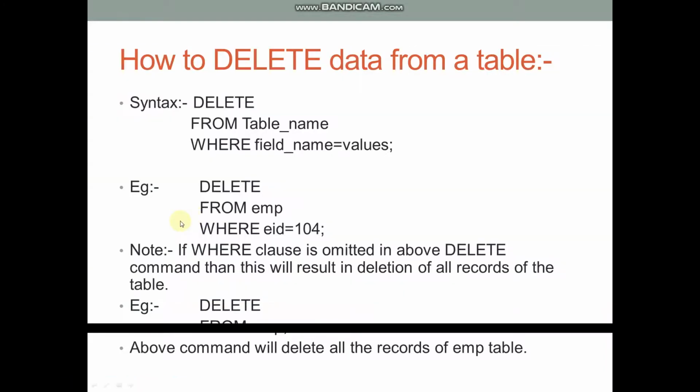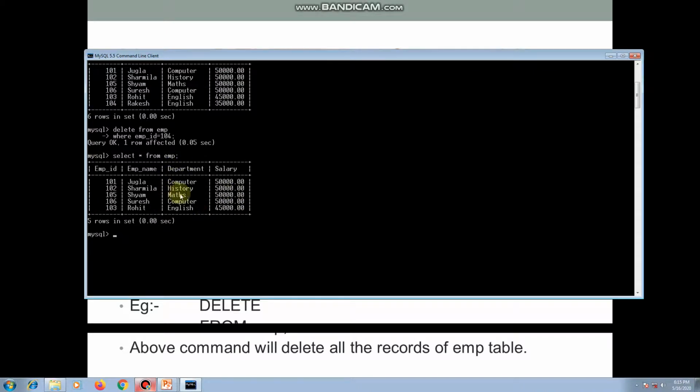Friends, here I would like to tell you that it's not necessary that we should delete a record on behalf of EID only or a particular column only. We can delete a record on behalf of any particular column. So if you want to delete all records from the computer department, then you can use this department column in the where condition.